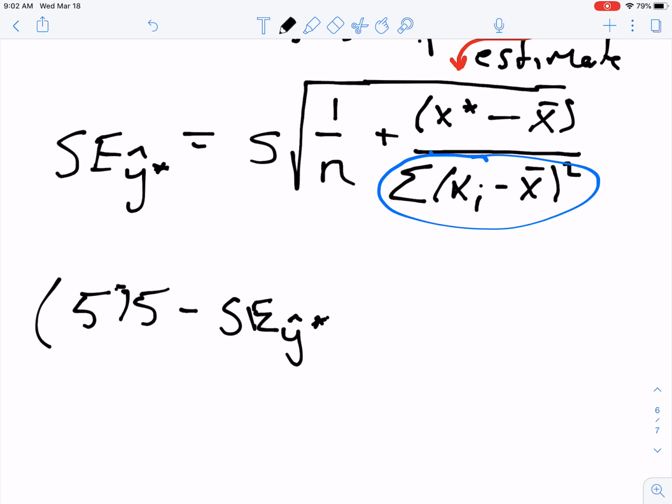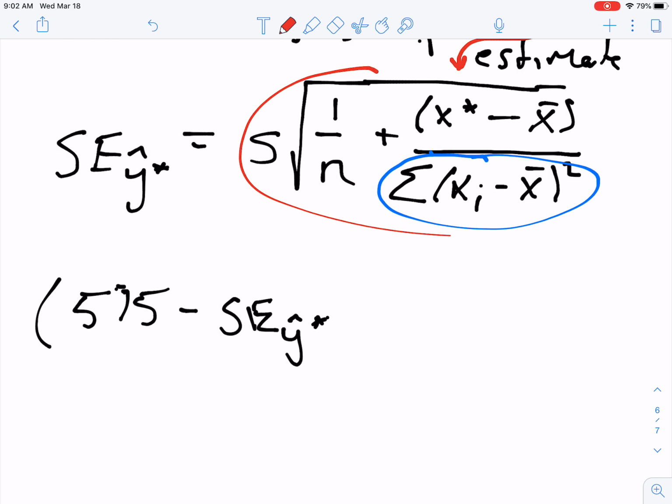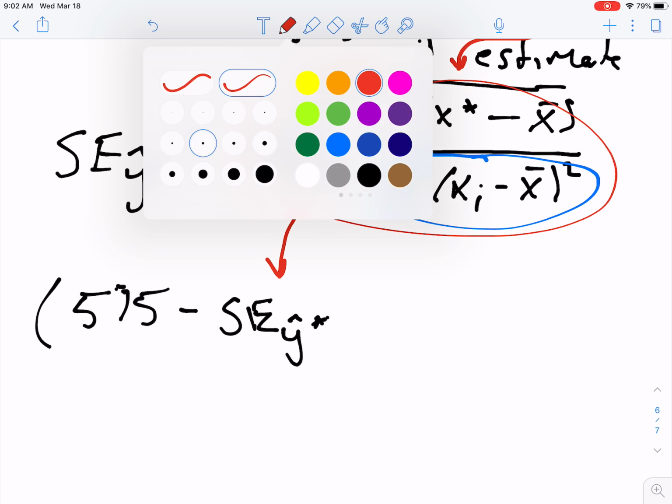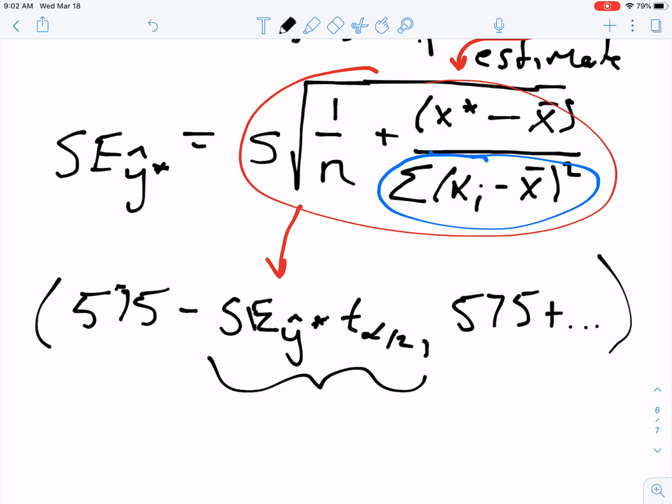So we would go ahead and plug this equation in for that part of our margin of error times T alpha over 2. How many standard errors do I have to go out? And then, of course, the upper bound would be plus the same thing. This, of course, is our margin of error, which is a little bit bigger now because we've moved away from the average.